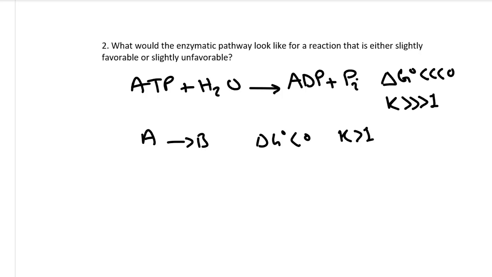Here we have our E plus S, and we have our double arrow for this. But now we put a double arrow here too, because depending on the concentrations of substrate and product, the reaction could either favor the forward or favor the reverse reaction. And then, of course, we have this.